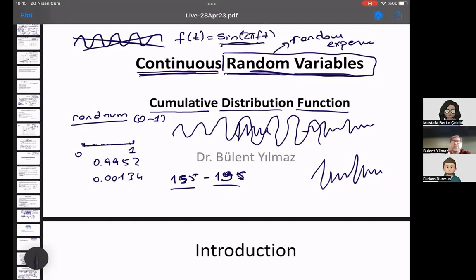I don't have any randomness in that. But in an ECG signal or an EEG signal or a sensor data, okay, temperature data or something like that, it is random. We cannot know for sure what the temperature will be at this location at this time instant. So it is a random signal.